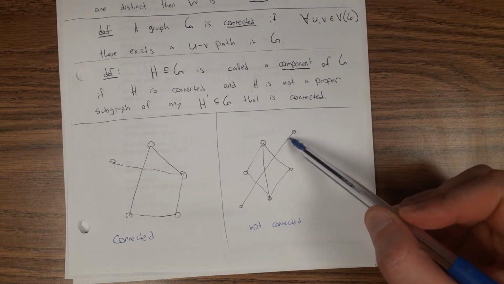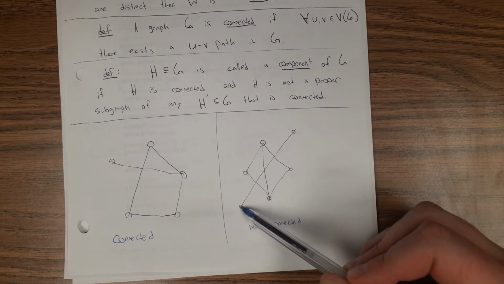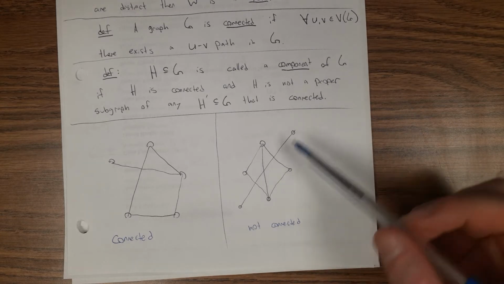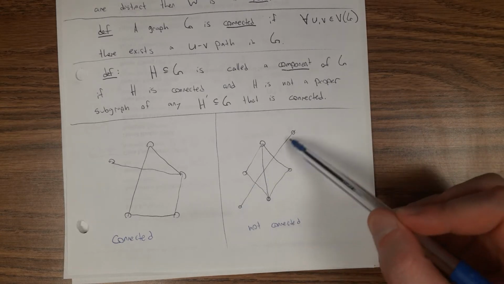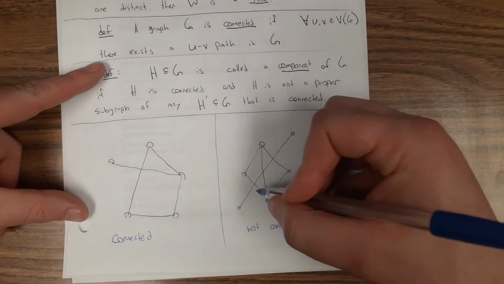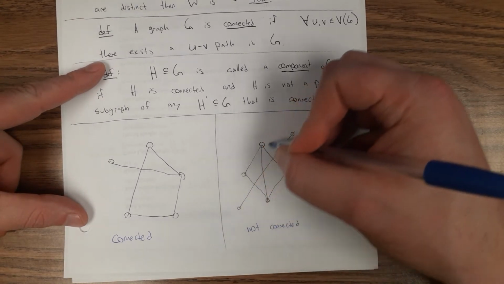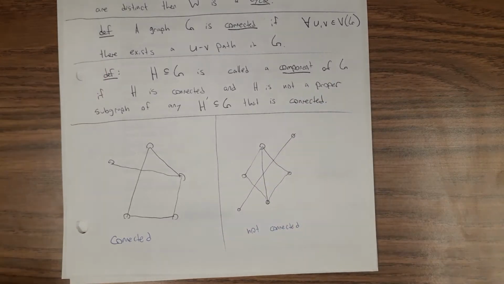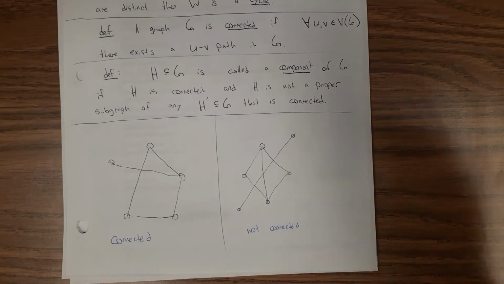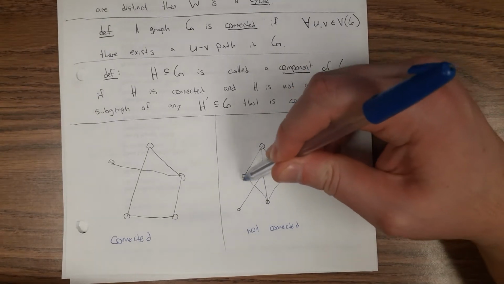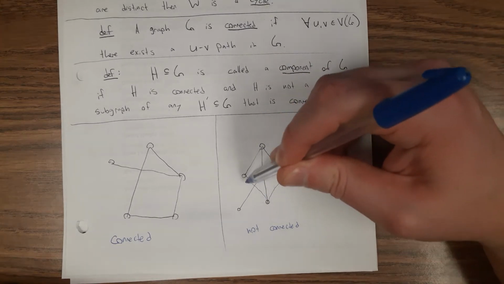From this vertex, I can only reach this vertex, and from this one, I can only go back to where I started. So these two vertices are in a component by themselves. Like these two. I'm kind of tempted to draw a bubble around them, but I don't want to mess up the picture. These four vertices are in a different component.